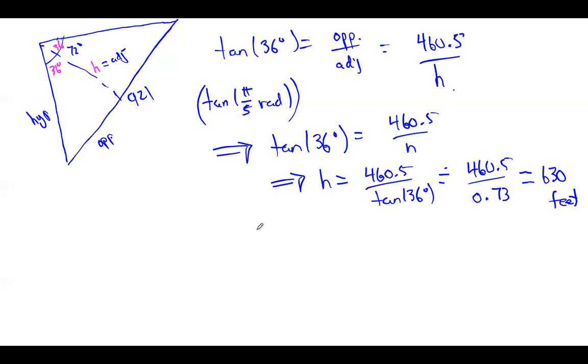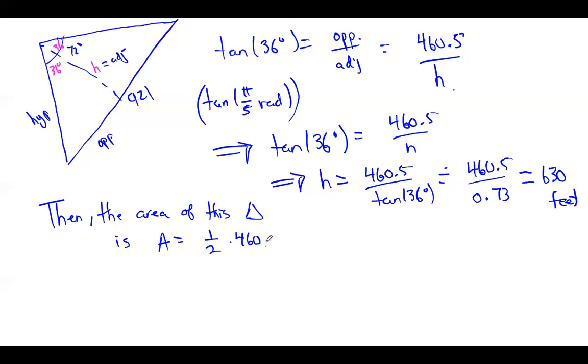So then the area of this specific triangle is just half times 460, because we have our base, times our height, 630, because we found that.